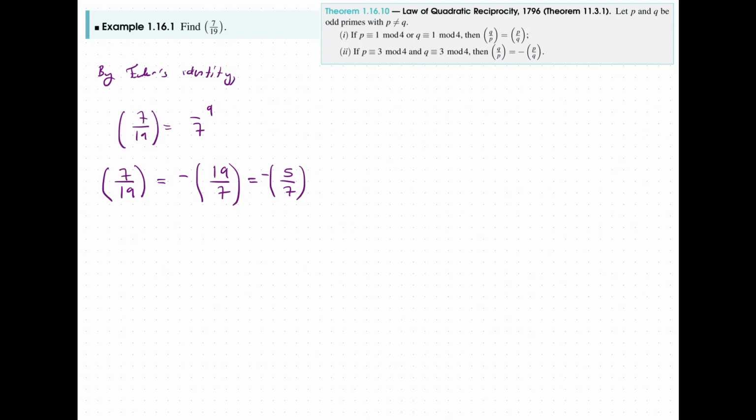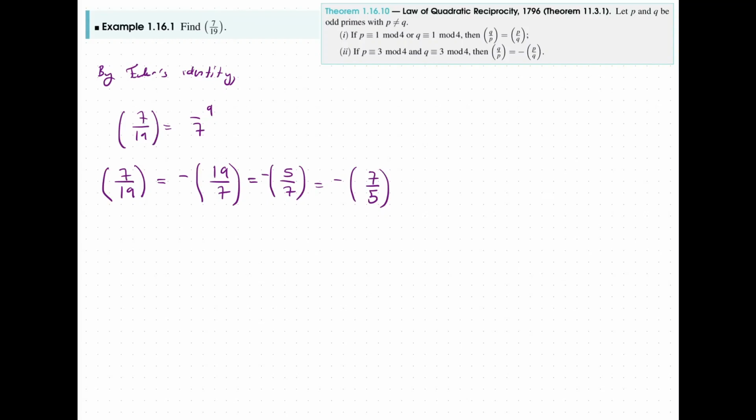But now we can do the same trick. We have 5 on 7. 5 and 7 are distinct odd primes, so the law of quadratic reciprocity applies. But we know that 5 is congruent to 1 mod 4, so we can go ahead and say that this here is the same as negative of 7 on 5. So we get this here.